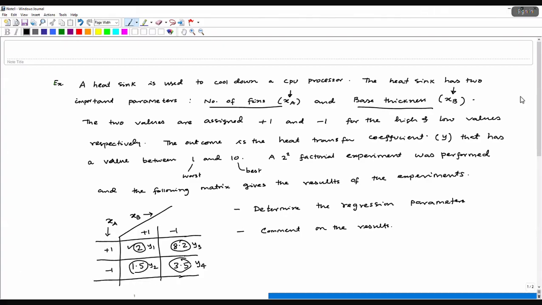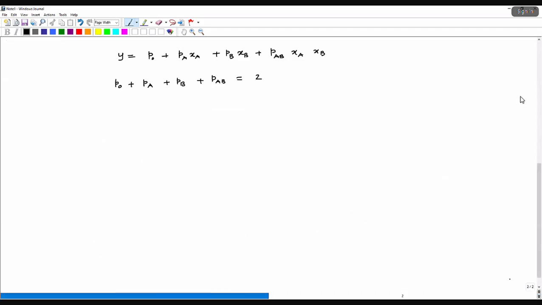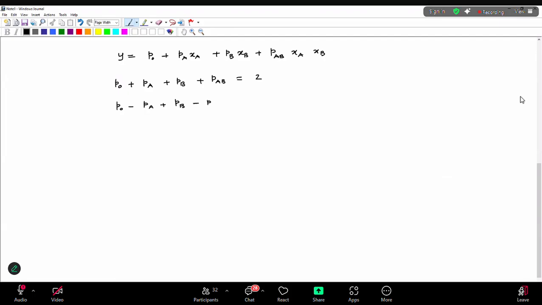And then you talk about XA is minus 1 and XB is plus 1. You have P naught minus PA plus PB minus PAB, because 1 is plus, 1 is minus, so the product will be negative. This is equal to 1.5.